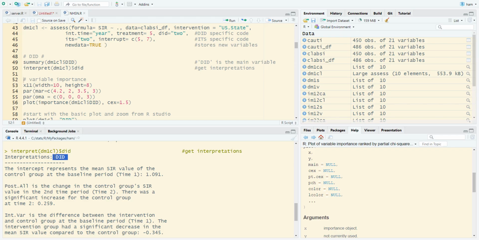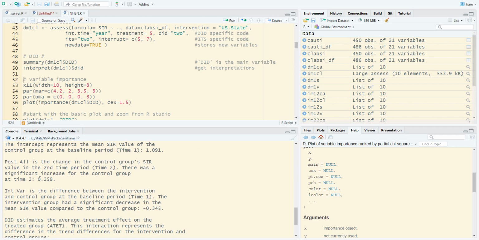It tells you what kind of model you're looking at, DID, and then it begins to give you information and a description on the intercept. That first predictor, post all, and we can read that it's the change in the control group's SIR value in the second time period.